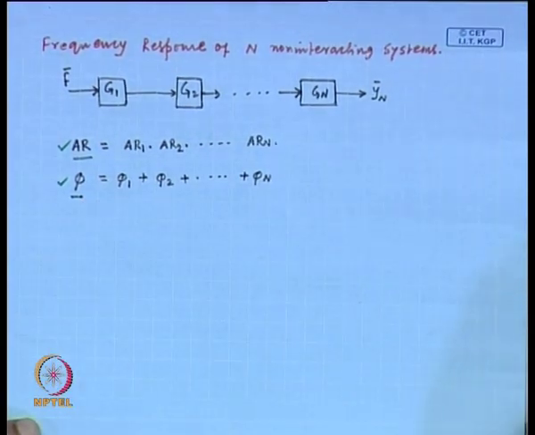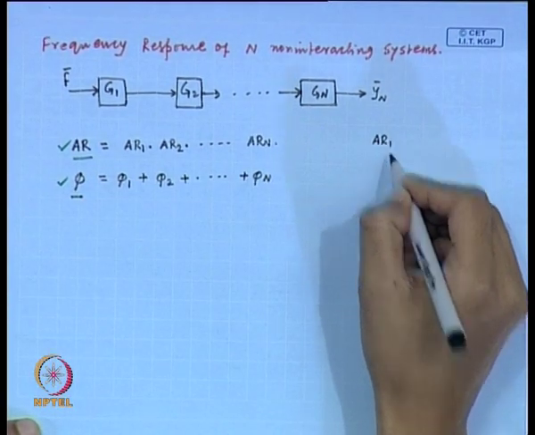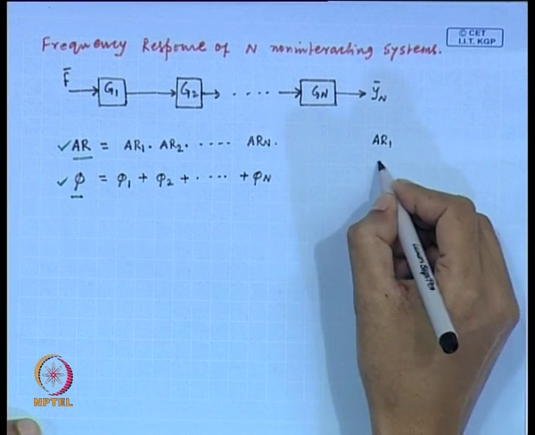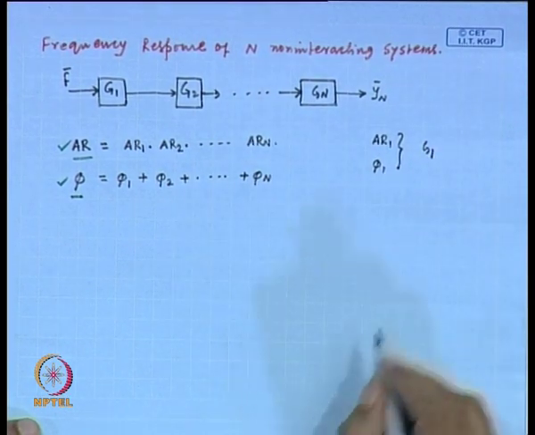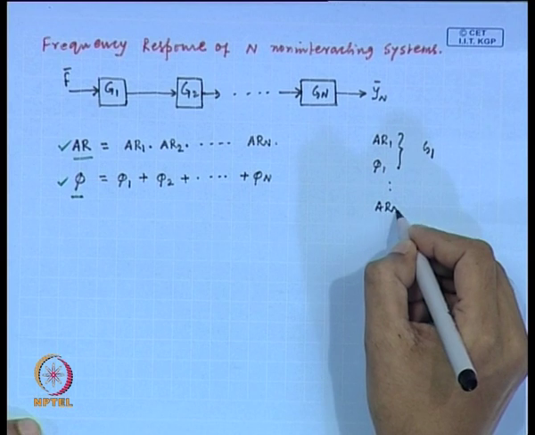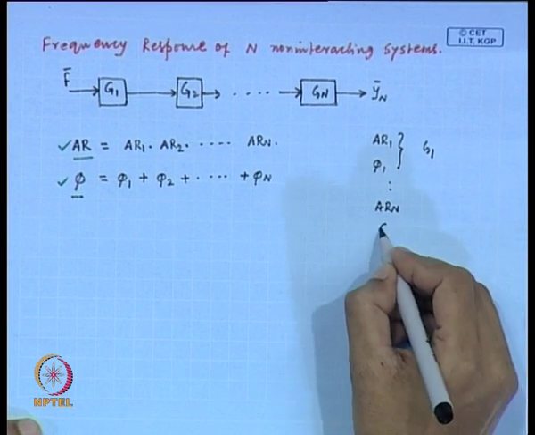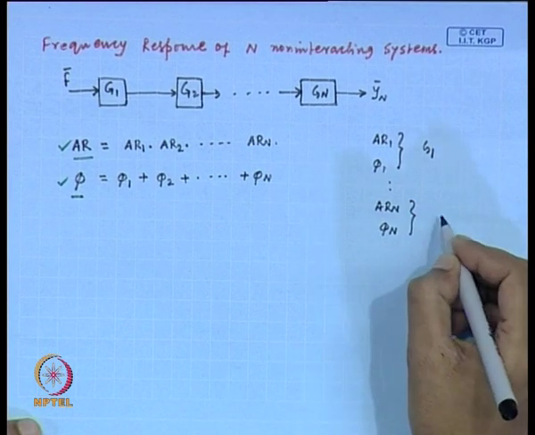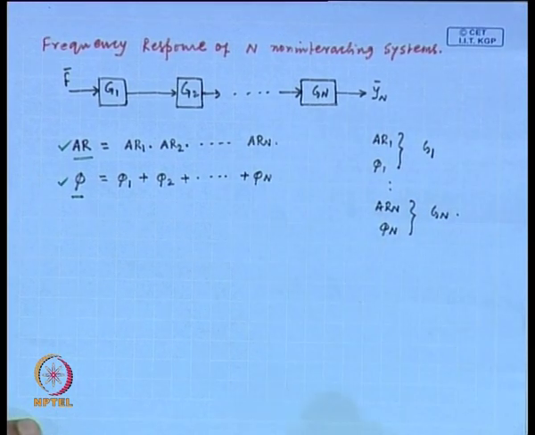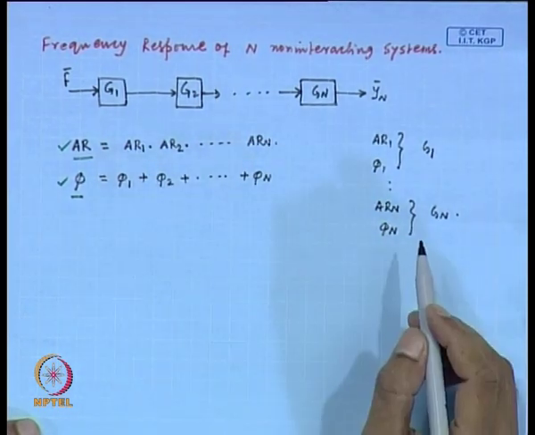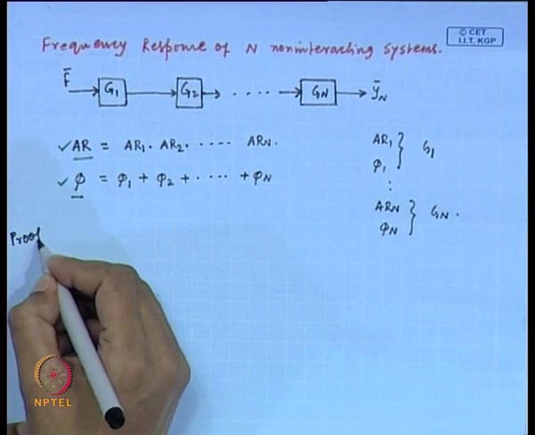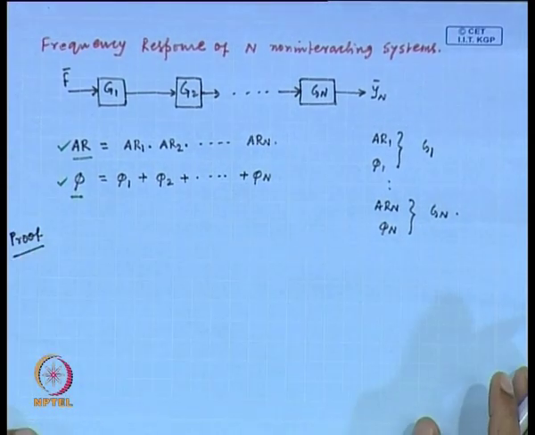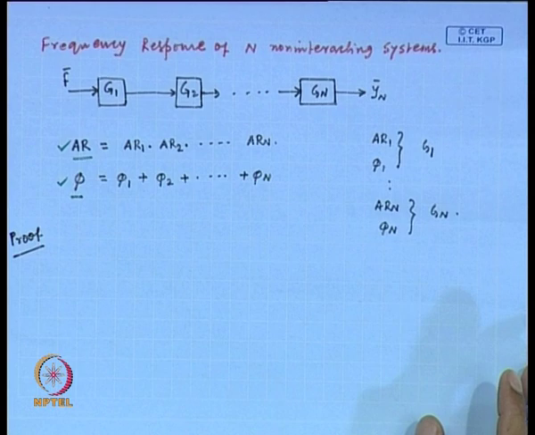Fine. Now, amplitude ratio AR1 and phase angle phi 1, these two correspond to G1. Similarly, amplitude ratio ARn and phase angle phi n, these two correspond to Gn. Now, we will prove these two relations. We will try to find the overall amplitude ratio and phi.